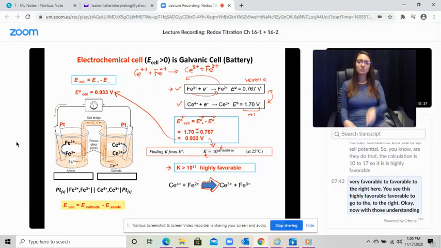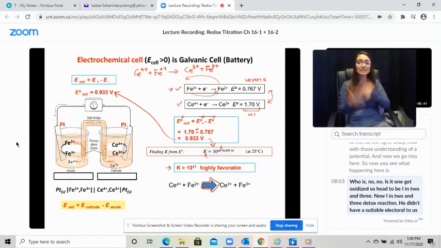So now you will see what is happening here. Where is the iron? The iron is the one that gets oxidized, so it has to be iron 2+ and iron 3+. Now, for the iron 2+ and iron 3+ redox reaction, there is no suitable metal electrode to use, so we use platinum.